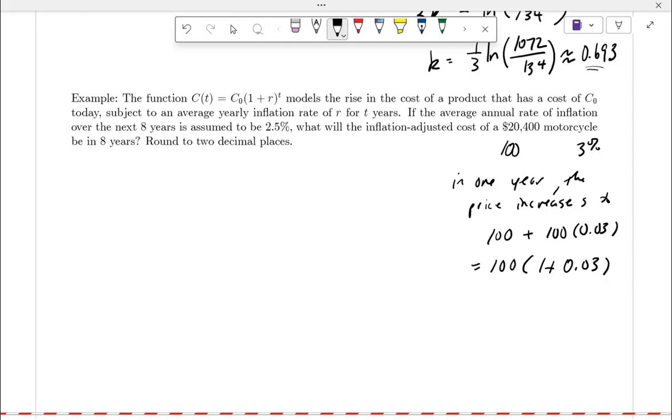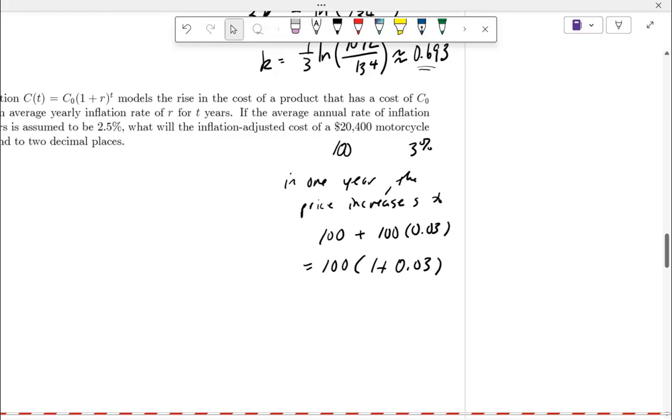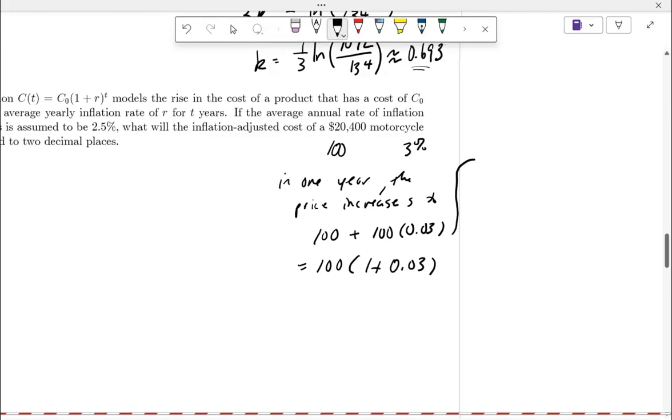If you did it again for the next year, you would end up with what? Well, rather than writing it out with 103, your initial amount for the next year would be that. And then I would multiply that by 0.03 to figure out how much it increased.